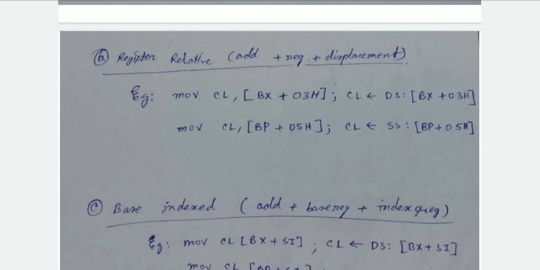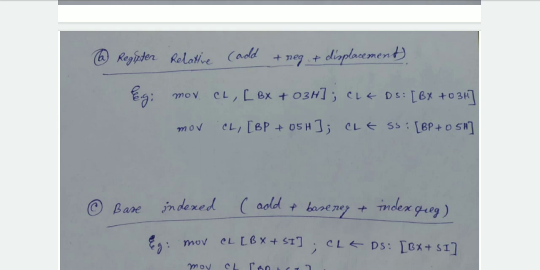In the first example, we can see MOV CL, [BX plus 03 hex]. That means CL is getting the data from the offset address of BX plus 3. That means if we initialize BX with 2000, CL is getting the data from the location 2003 hex.